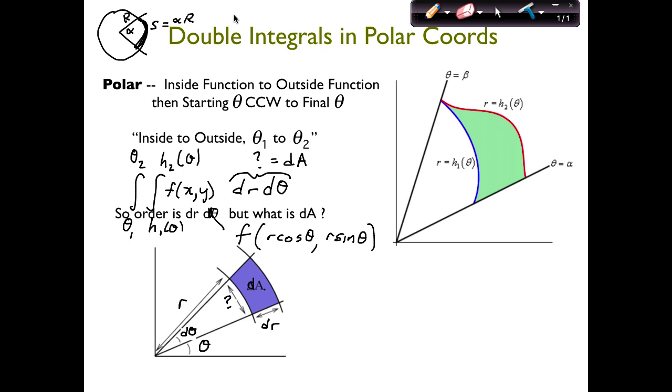Arc length is proportional to radius and angle measure. This is where the radian angle measure comes from. It's the ratio of S to R. So S is alpha times R, which makes our unknown dimension here r d theta. And so now we have what dA is.